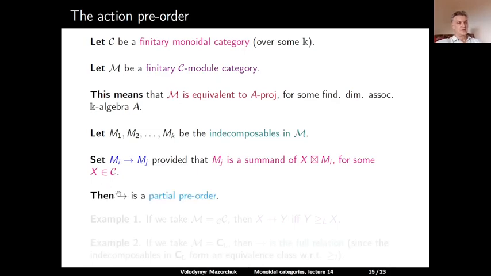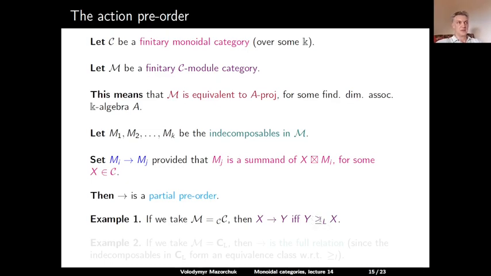Then this relation → is obviously a partial preorder. So for example, if we take as M the left regular representation of C, then this relation → is equivalent to the relation of being left greater than or equal to.